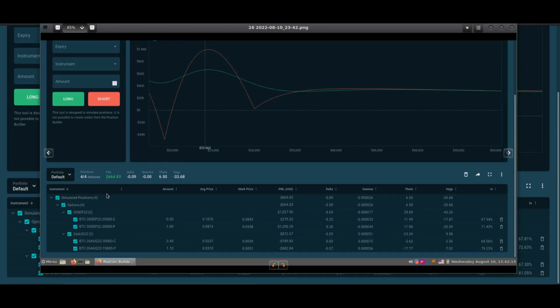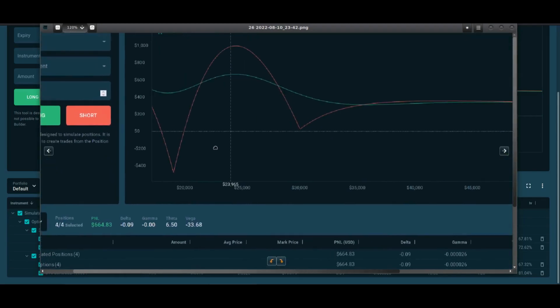And here we are, we have $664 profit, exactly almost at the same price as when the position was created. Take a look, it is outstanding stuff.